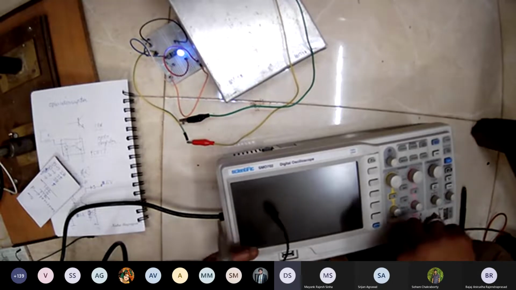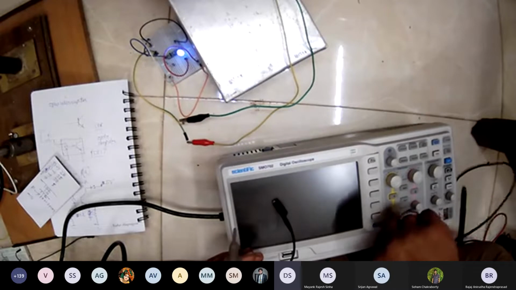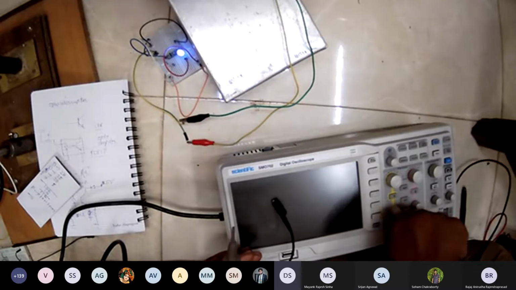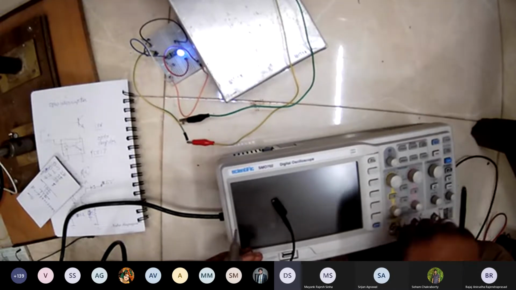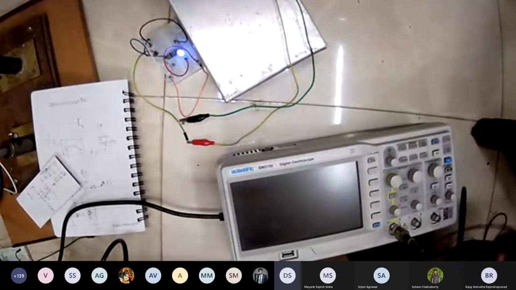So we'll only need one BNC for this. Okay, we've connected the oscilloscope. The probe multiplier is 1x, and so let me just switch it on.